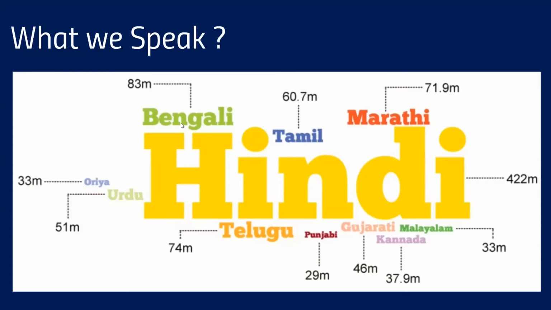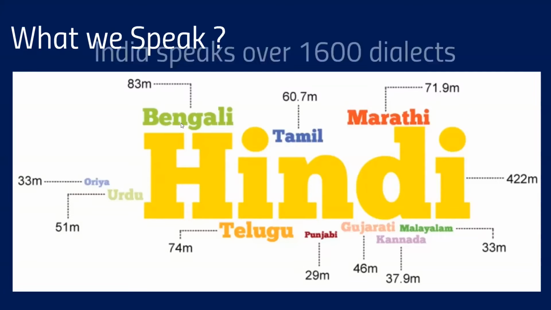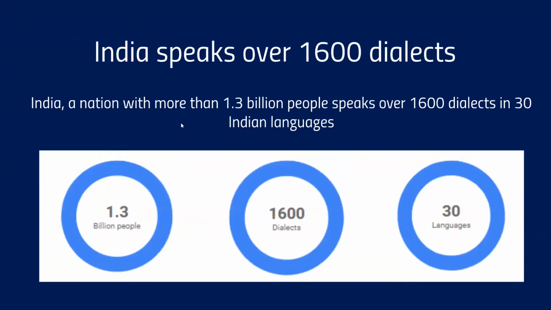All states usually have their own language, and if you see the official count, there are around 23 languages. But if you count them properly, there are around 30 languages, if you just look from the upper angle. And that's not it. It's not just the 30 languages which we are talking about.